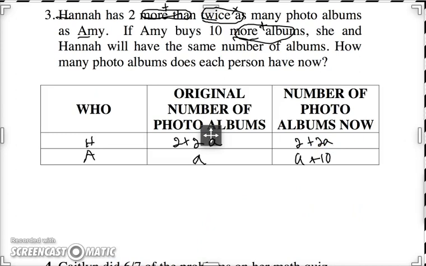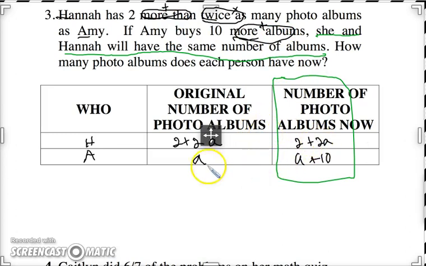The question and the statement will help you identify which expressions are equal to what, and they're usually towards the end of the whole passage. So it says, she and Hannah will have the same number of albums now. See that? This is part of the now. So this is all we're going to focus on.